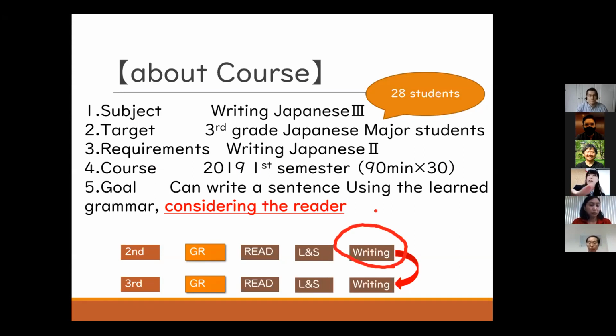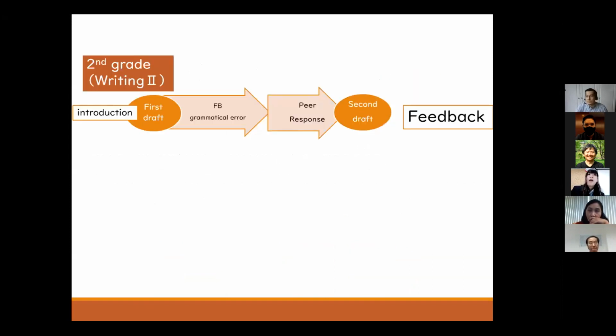Writing Japanese 2 is for second grade students. In the Writing 2 class, students make a first draft, and the teacher gives feedback about grammatical errors, and students do peer response and make a second draft, and the teacher gives feedback.